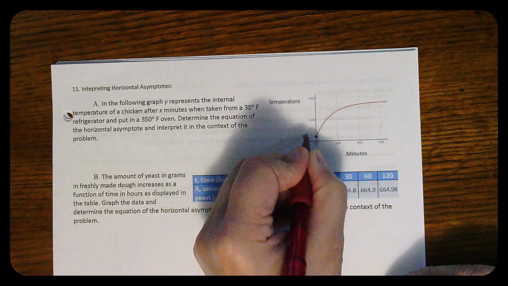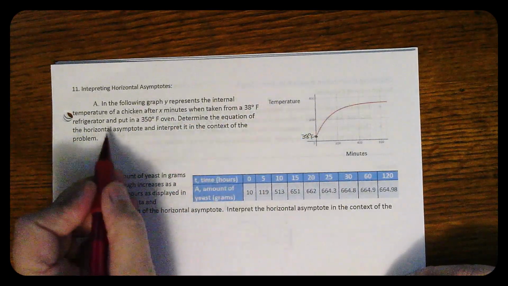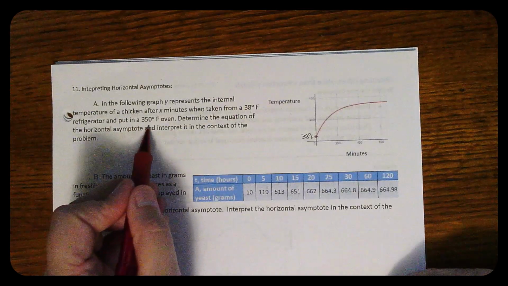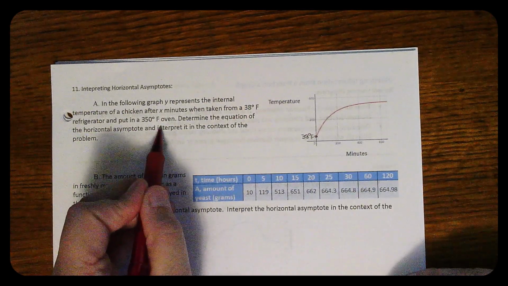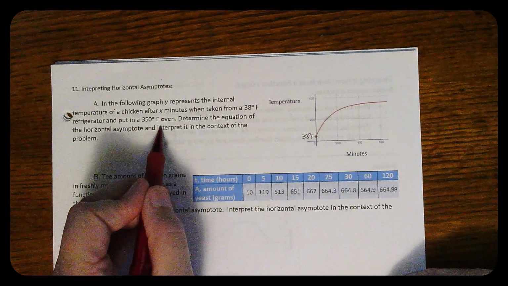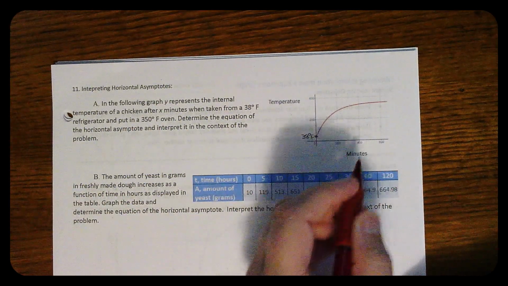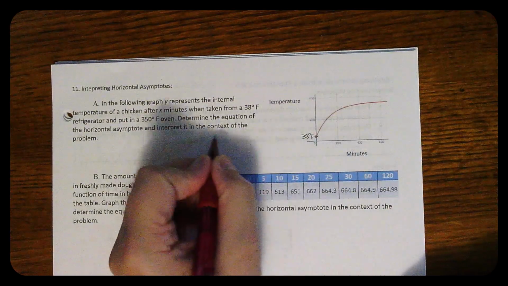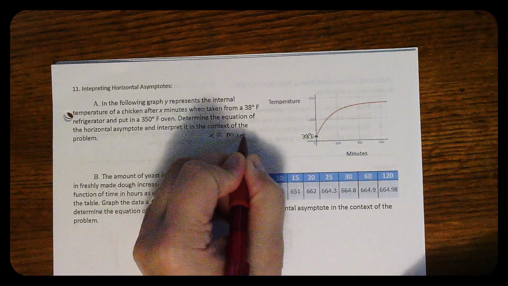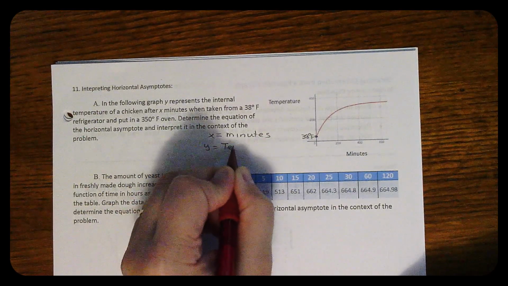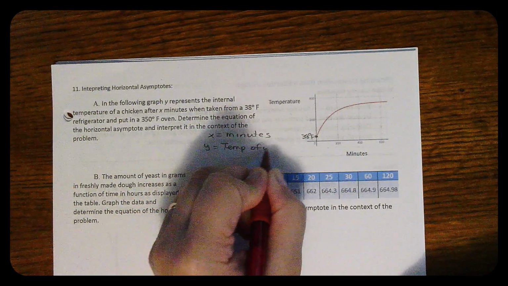It starts out at 38 degrees Fahrenheit, and it's put in a 350 degree oven. So what happens when you put chicken in the oven? As the minutes go by, the input is minutes, x equals minutes, and y equals temperature of the chicken.